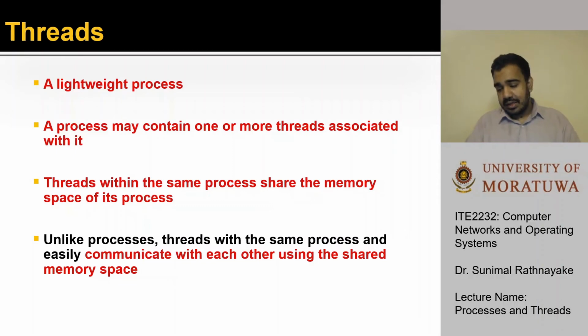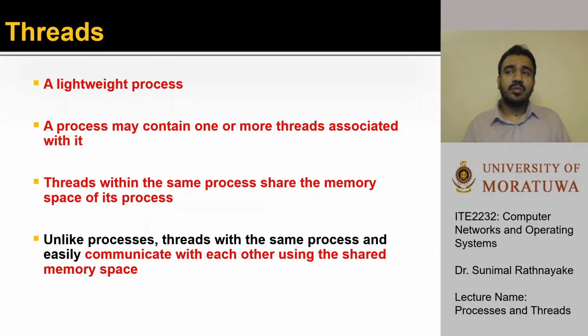So as a workaround to this, we have invented something called threads, which is actually a lightweight process, and there are many threads within a process. So you have the process, and within the process you have small minor processes, sub processes kind of thing we call threads.